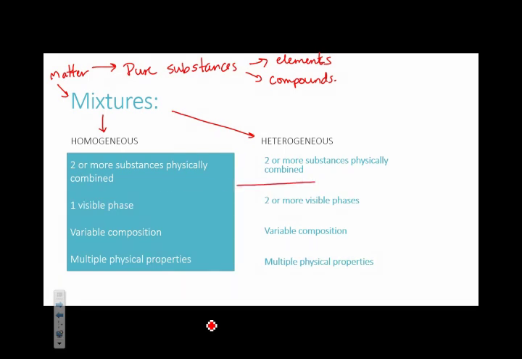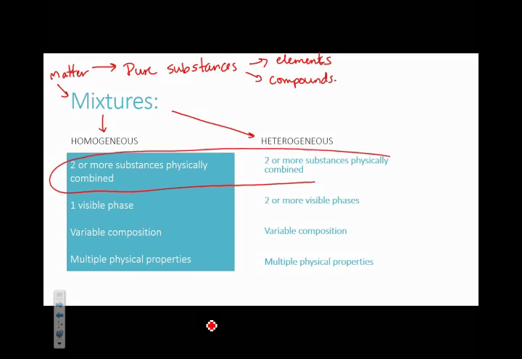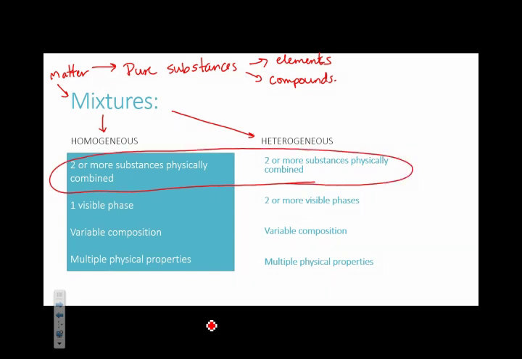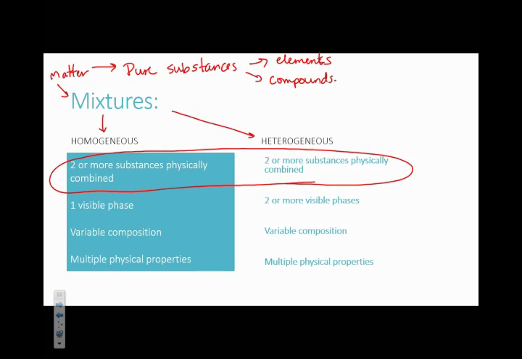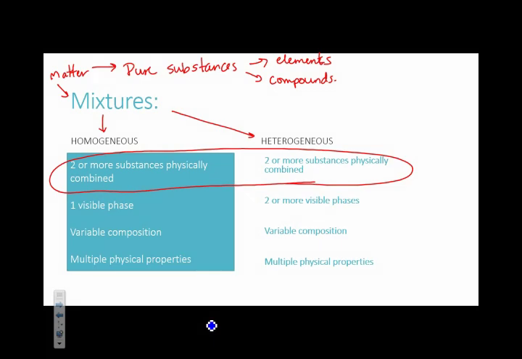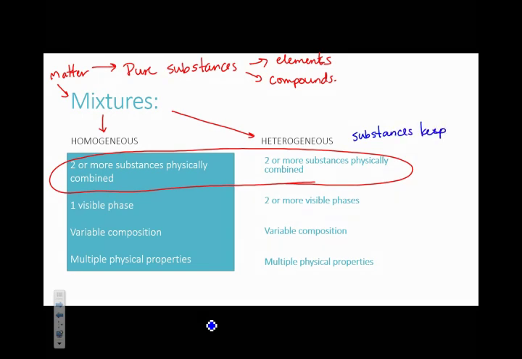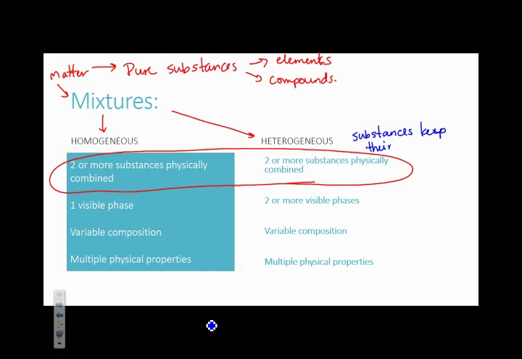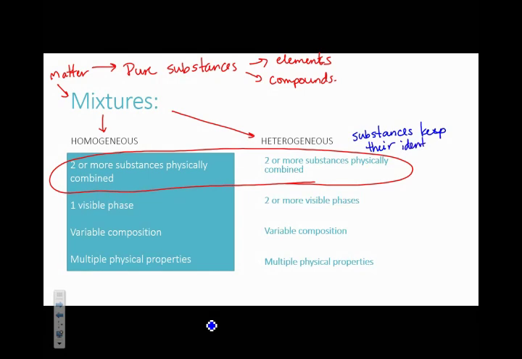You'll notice that both of these, heterogeneous and homogeneous mixtures, are talking about 2 or more substances that are physically combined. And what's important to recognize about that statement is that in a mixture, substances keep their own identities.